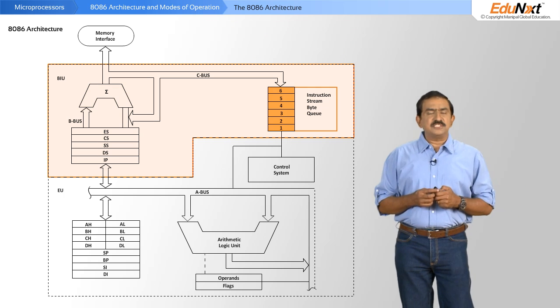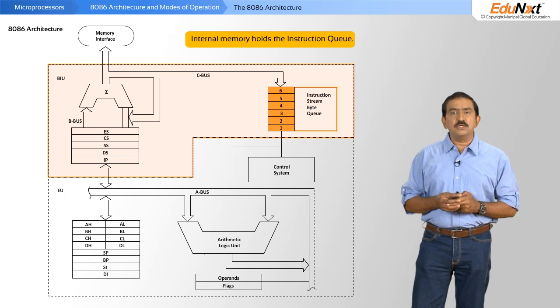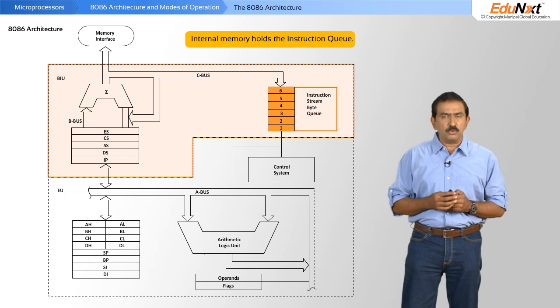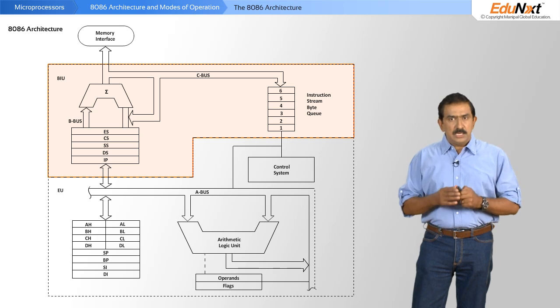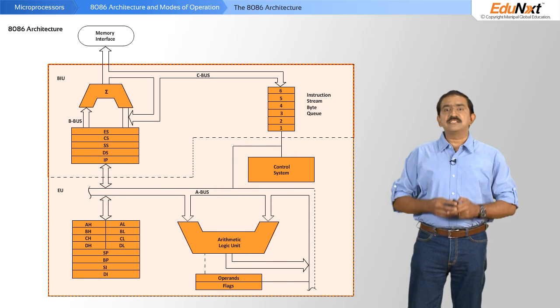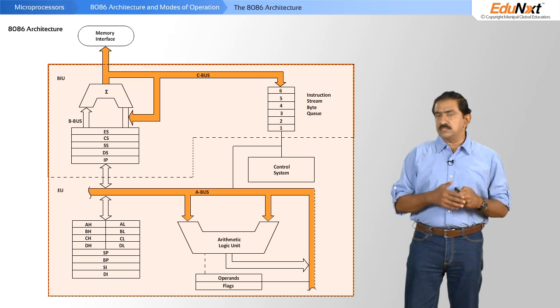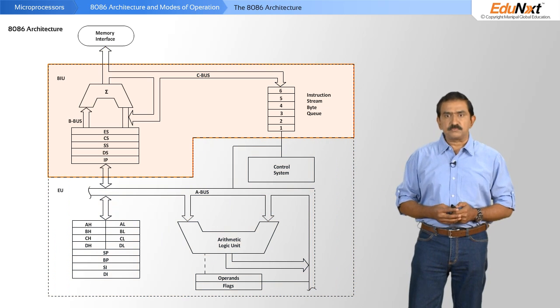Interestingly, there is a set of internal memory, if you will, that holds what's called the instruction queue, and we'll talk about this a little later. This is the insides of the processor. All of this together accesses the outside world either through an address bus, the data bus or the IO ports.